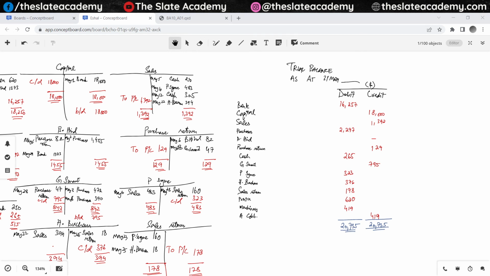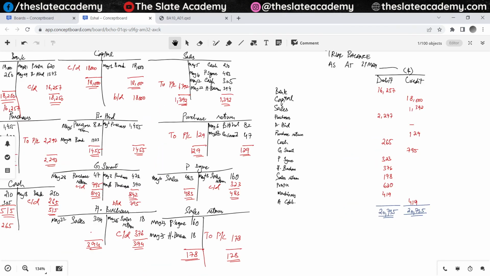Excellent. So this is the step after. If we take a quick recap of what we have learned for accounting till now: initially there is an event, and the event should have a financial impact. If it does, we record it in the form of double entry in the T accounts. Once we have done all the recording, we cannot close any single T account until we have done accounting for all of the T accounts.